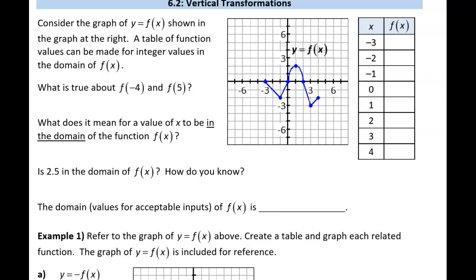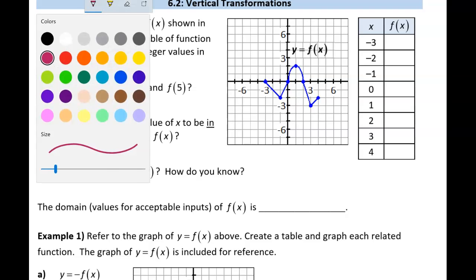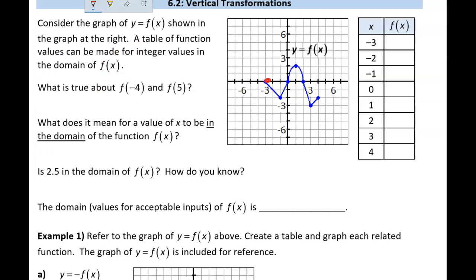All right, we want to consider the graph of y equals f of x that's shown at the right. We can make a table of values from this graph. So, for instance, when x is -3, f of x, or y, is 0. When x is -2, f of x is -1. When x is -1, the y value is -2.